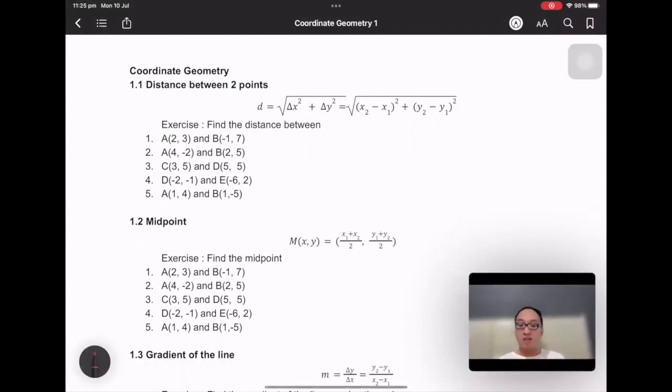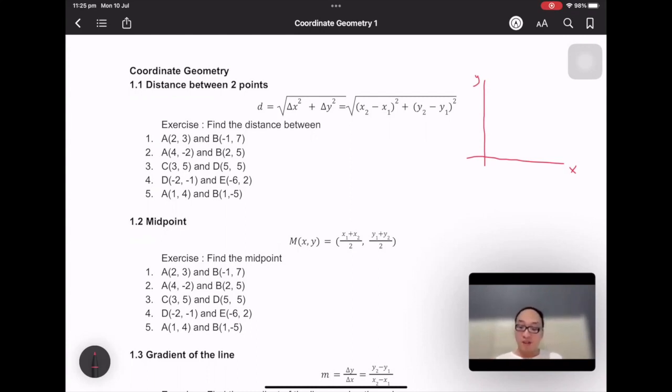As we know, coordinate geometry is a topic related to coordinates in a Cartesian diagram. The Cartesian diagram is the xy diagram, in two dimensions.